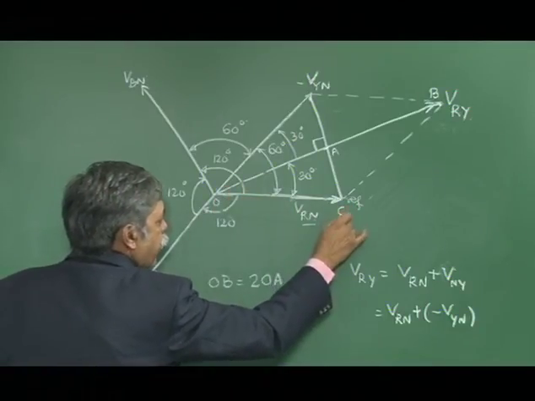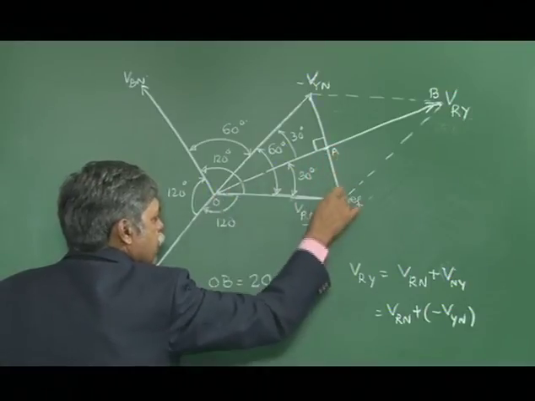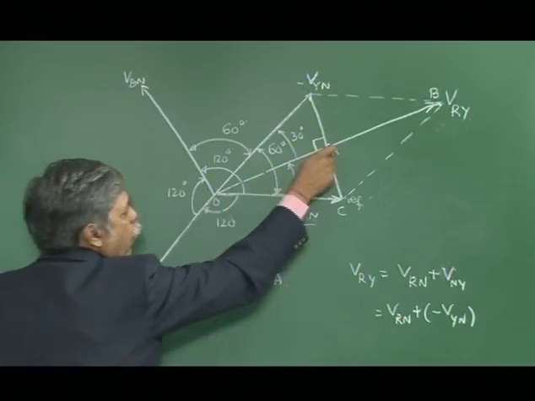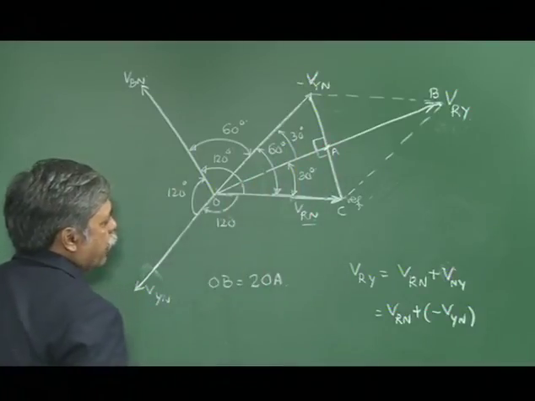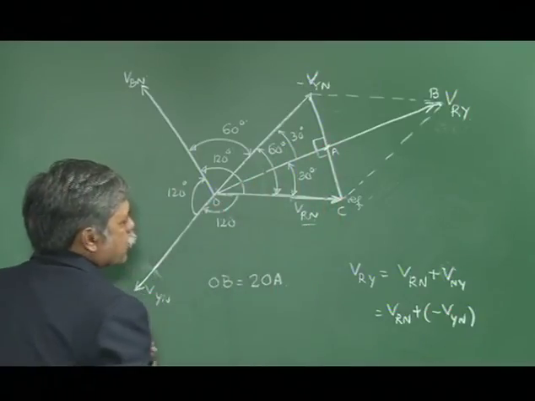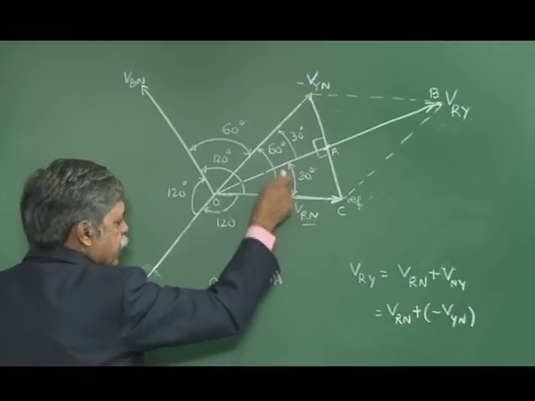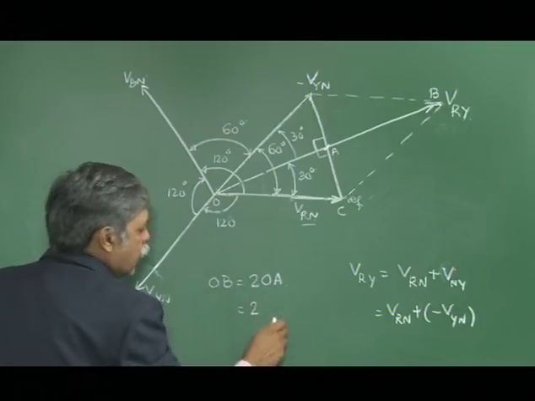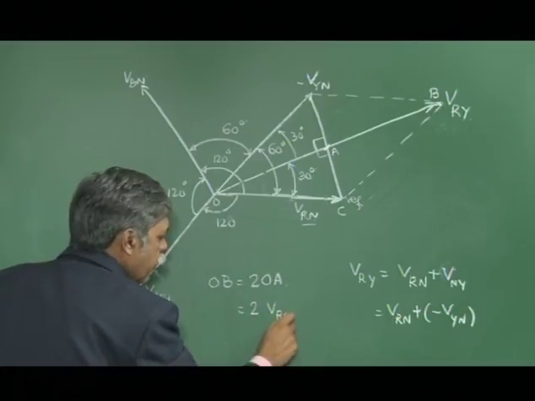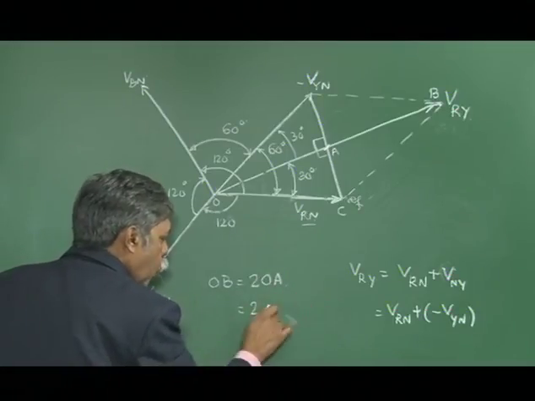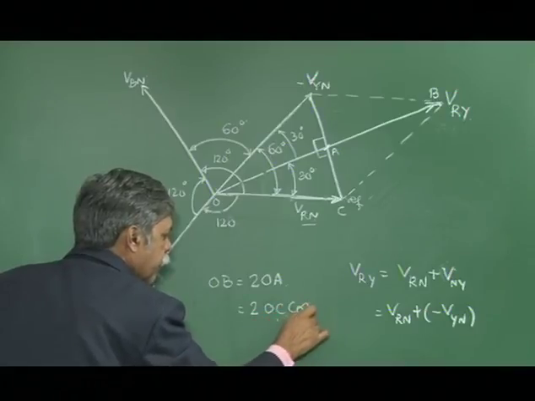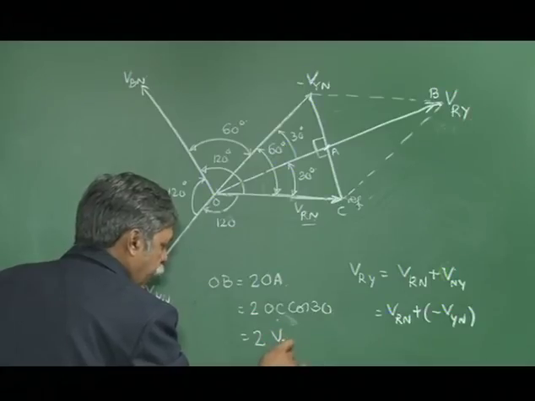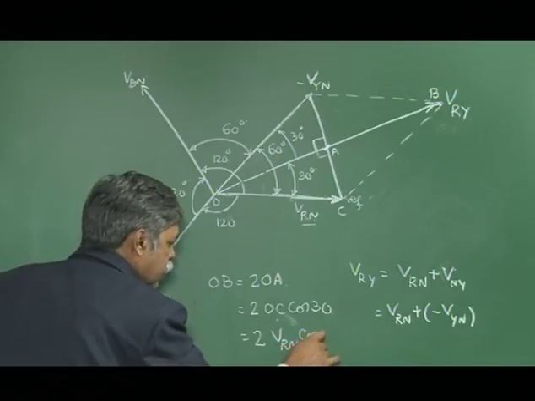If I call the point C, OAC is a right angle triangle in which OA is the base, OC is the hypotenuse. So this angle is 30 degrees. Therefore I can write 2 OA is equal to OC cos 30. OC is nothing but the phase voltage VRN, so VRN cos 30.